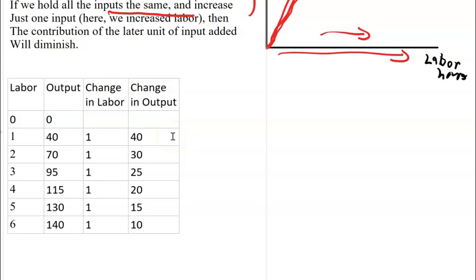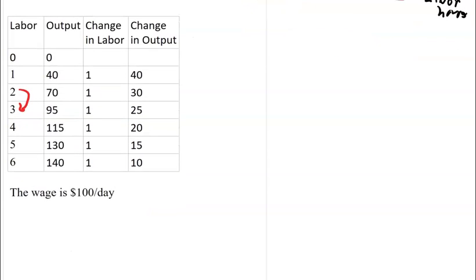When I think about why I should hire an additional worker, let's say I have to pay each worker $100 a day. So the wage is $100 per day. Let's say I'm going from 2 to 3 workers. To hire the third worker, I need to pay that person $100.